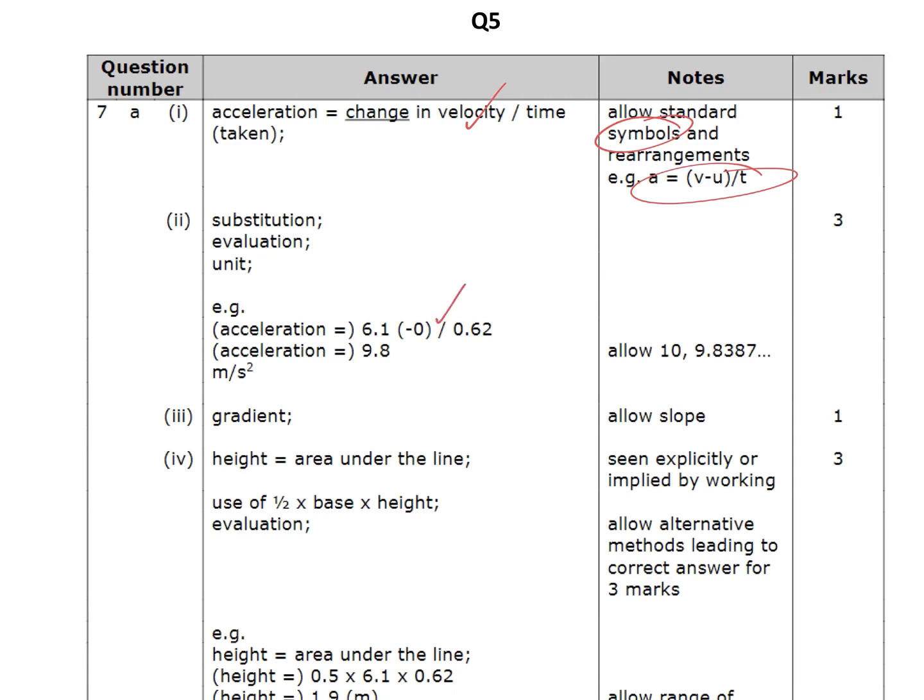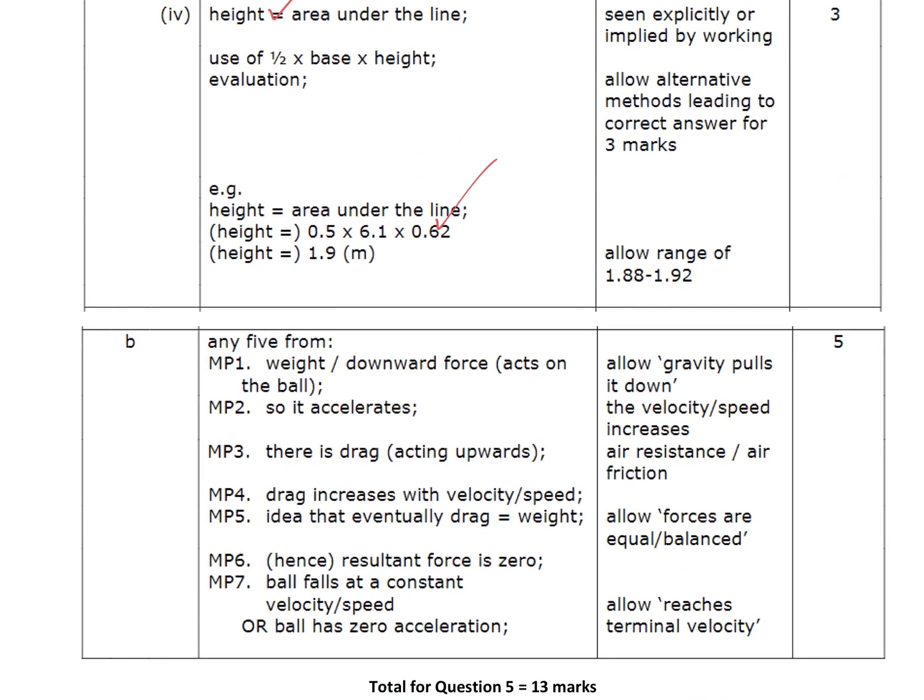We did that. You needed to evaluate it and the correct units. Yes, we did that. We said it was the gradient as the acceleration. We said the height was the area under the line. So our half base height gave rise to the correct answer. Good, we're winning here. And you did have a range which it could fall in between.